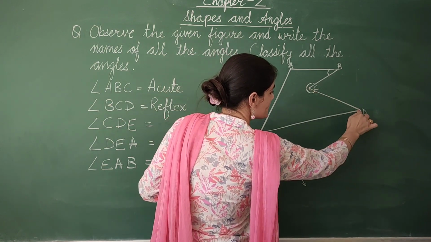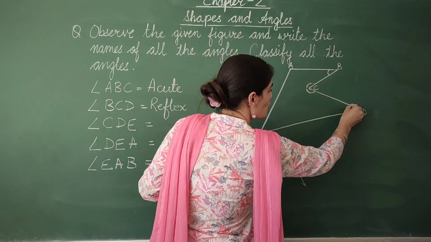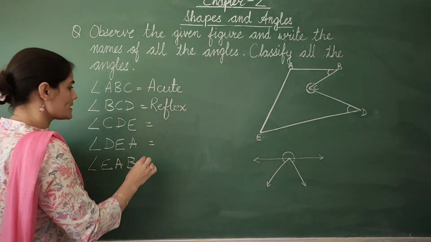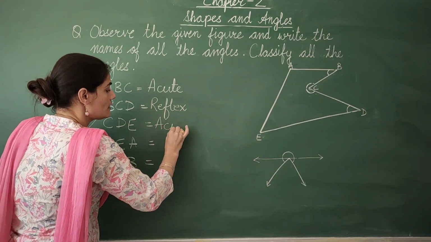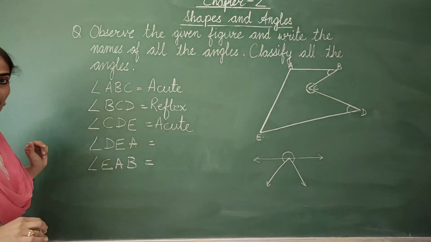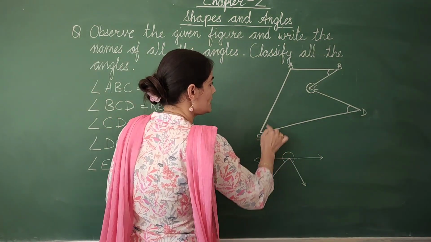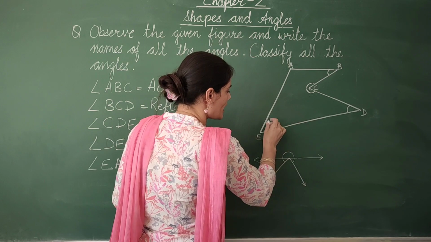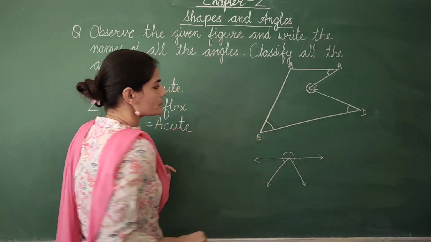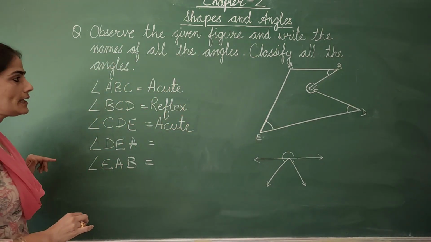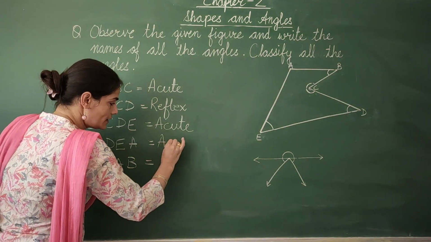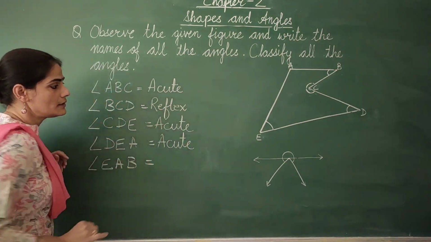Now angle CDE. Beta, this is angle CDE. So what type of angle is this? It is again an acute angle. Finally, we have angle DEA. Not finally, this is the second last angle. I'm sorry. So angle DEA is again an acute angle.